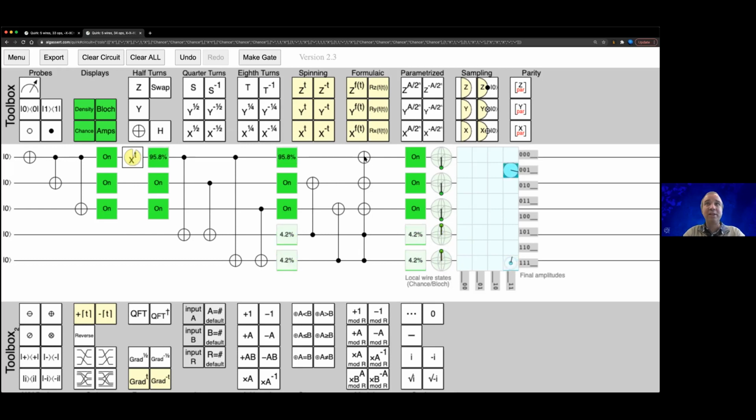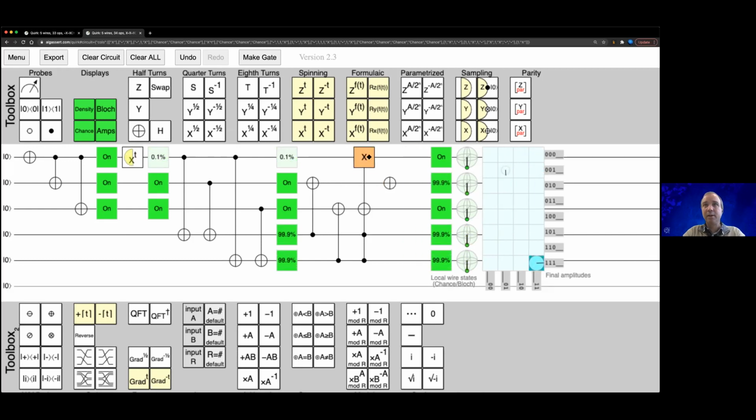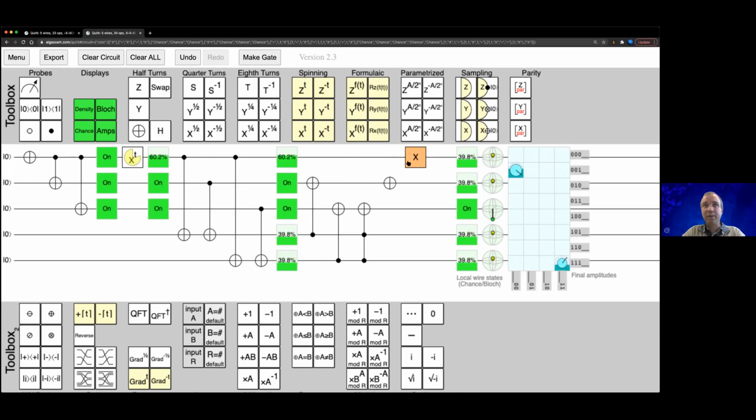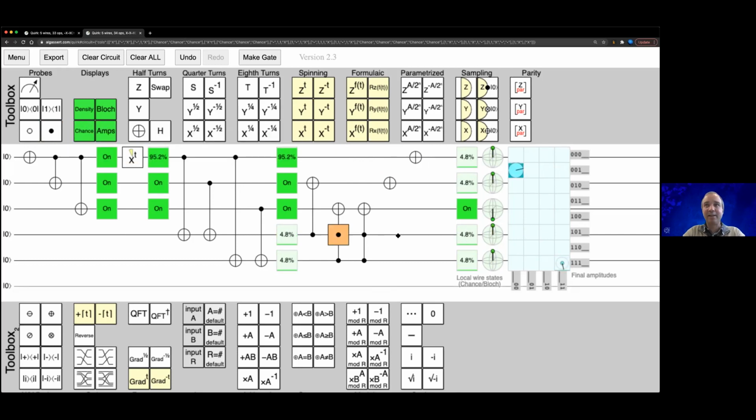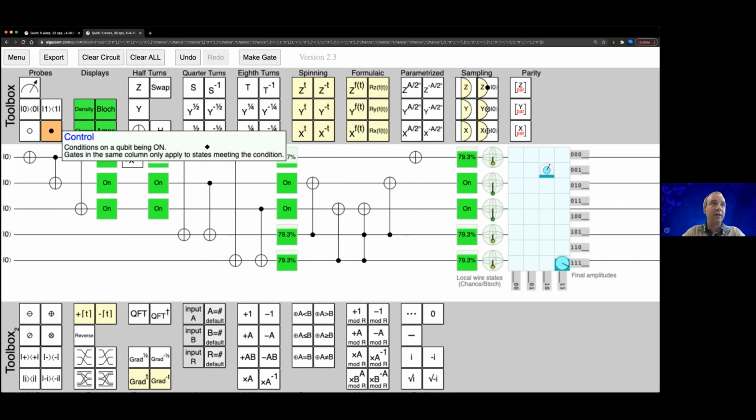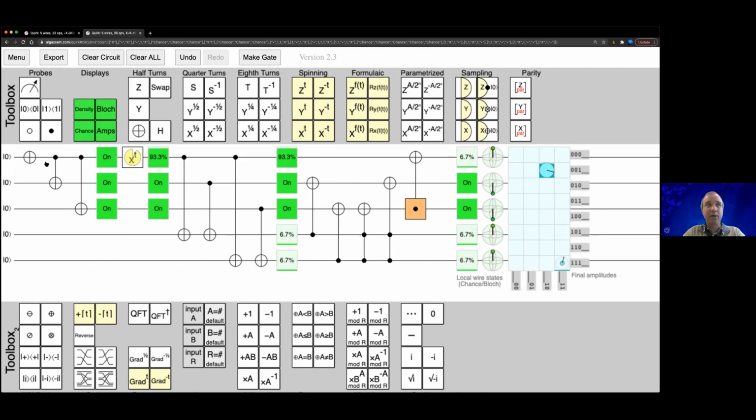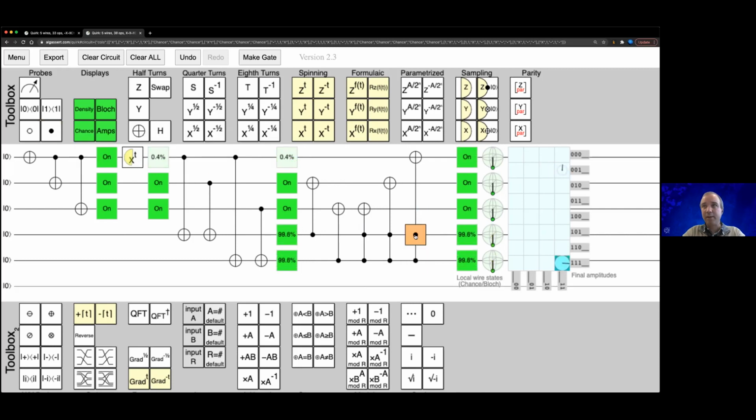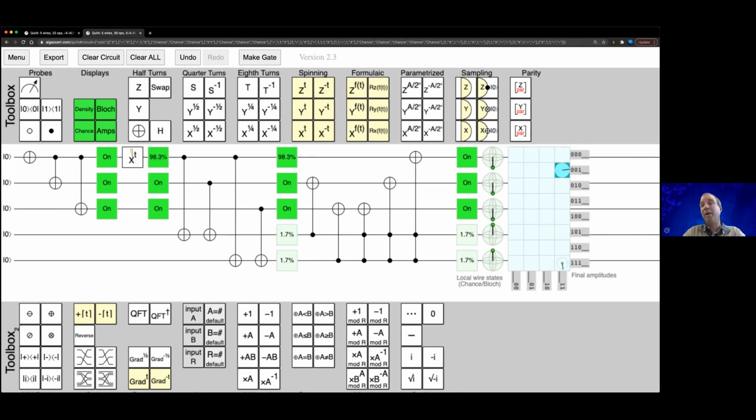You could do this independently. Let me do it like this. You could have also this, which is exactly the same: 3 independent 3-qubit Toffoli gates. Sorry, this should be controlled by this. The effect is, of course, the same, but I just use it together to have a shorter circuit.